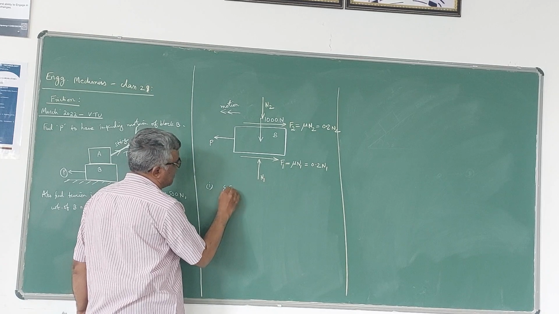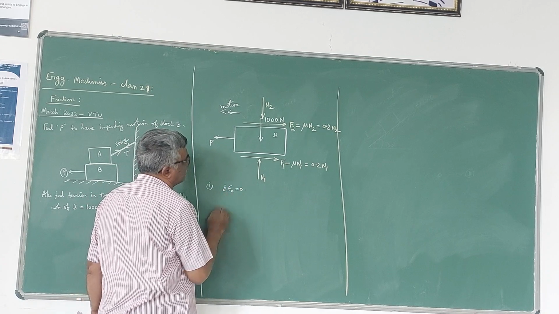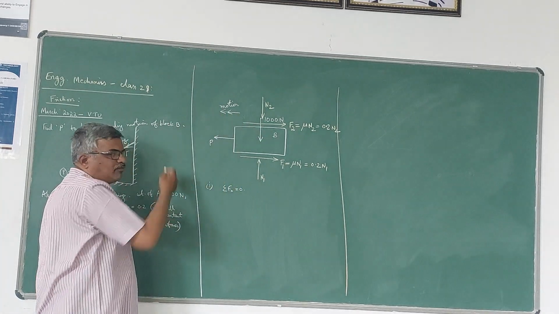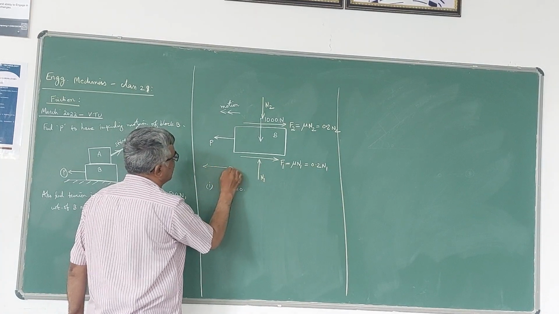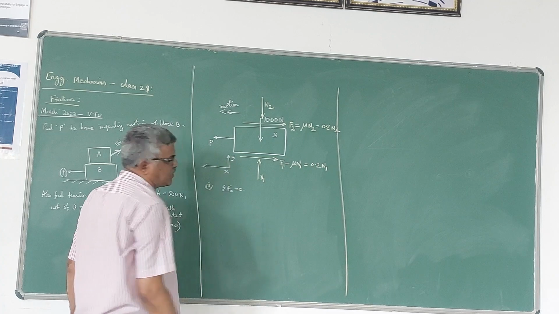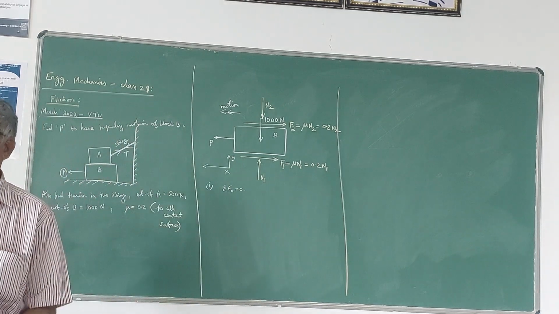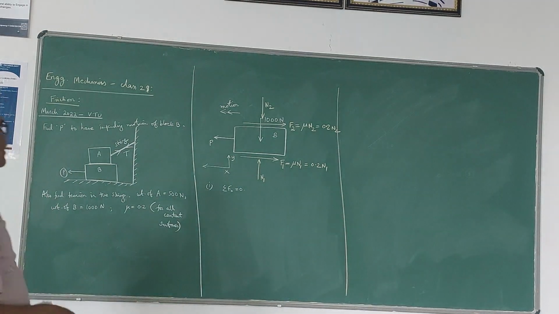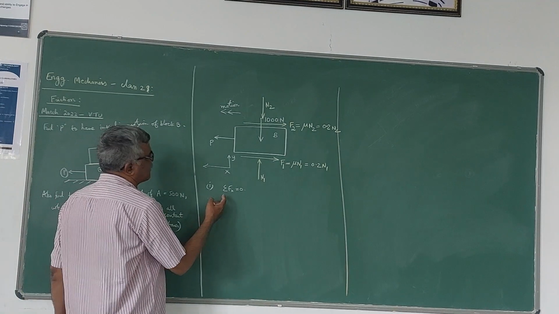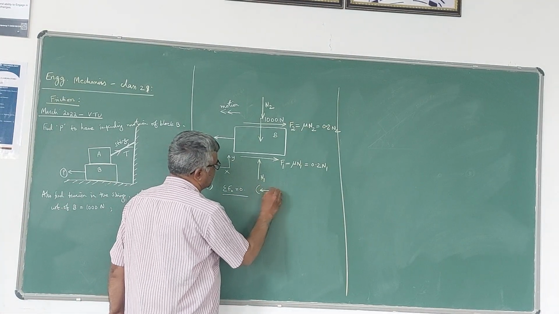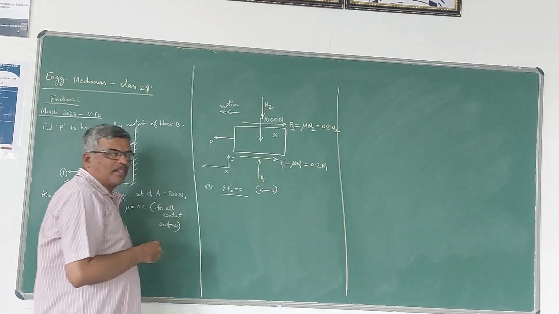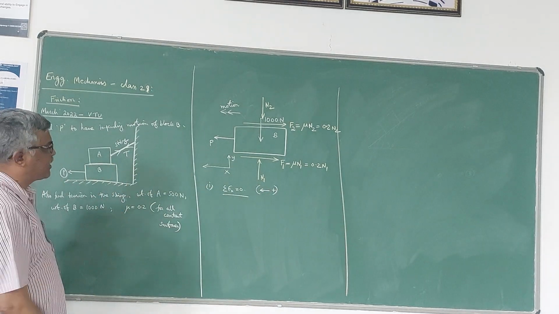So I will apply sigma Fx is equal to 0. Please note that in the direction of motion, I will take it as x-axis, and perpendicular to that, I will take it as y-axis. So what is positive, what is negative, you have to decide based on the direction of x and y. Now sigma Fx is equal to 0. Here I have taken this as positive x direction. Therefore, x is positive towards left here.